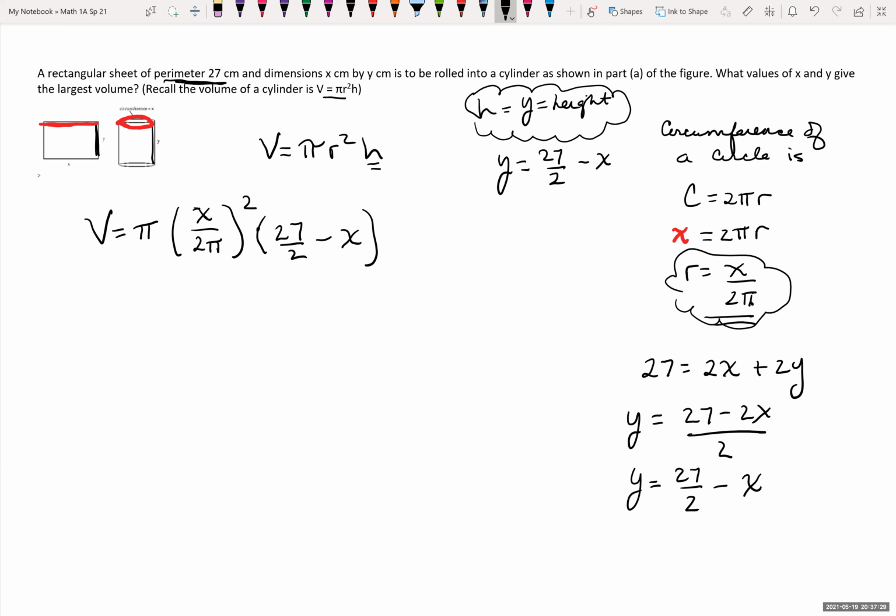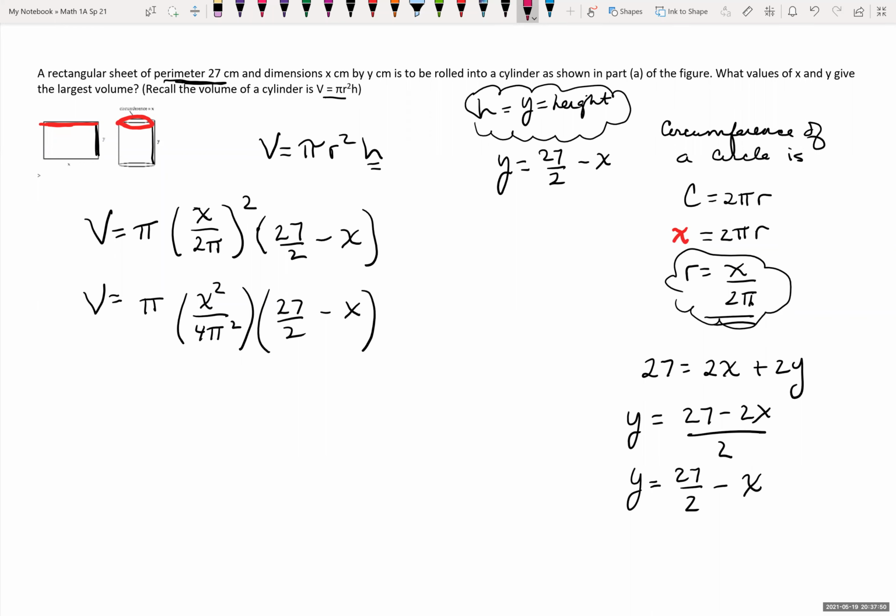So let's just clean it up a little bit before we take the derivative. So this is pi times, squaring x over 2 pi, that's going to give me x squared over 4 pi squared, all times 27 halves minus x.